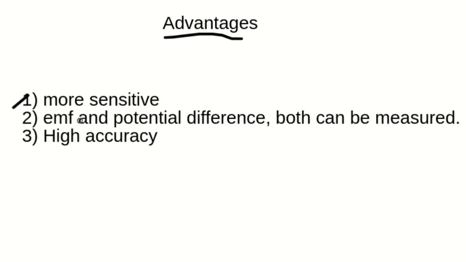Another advantage is that we can measure both EMF as well as potential difference. In a voltmeter we cannot measure the EMF of a battery or a cell, as the voltmeter draws some current through the circuit, but the potentiometer does not draw any current, and that's why we can measure the EMF of a cell using the potentiometer.